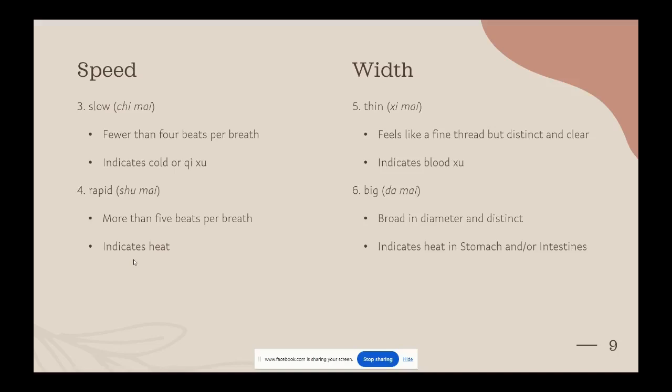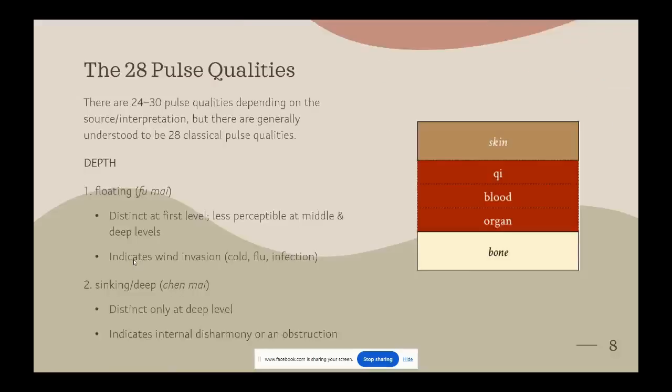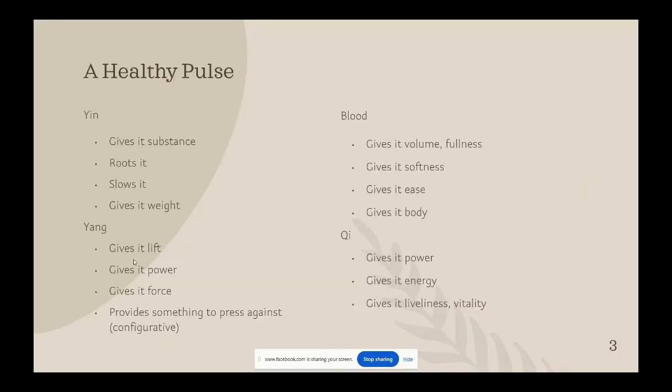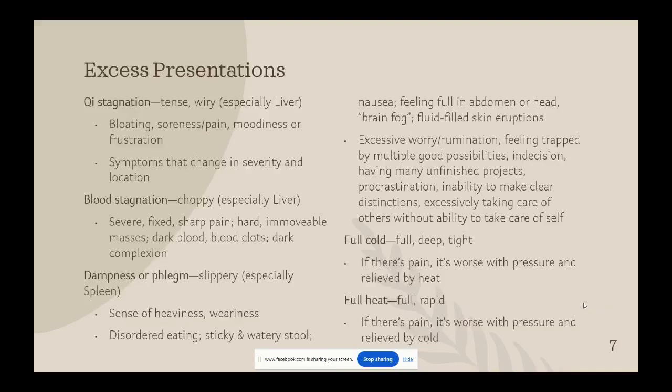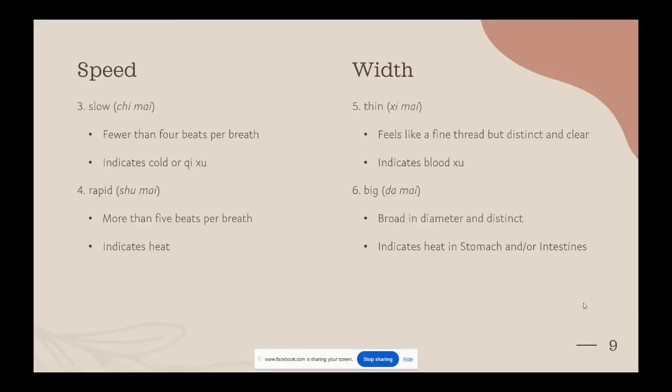A pulse that feels broad in diameter and distinct is called big, and this on its own indicates heat in the stomach and or the intestines. So this you might feel on the spleen pulse, the pulse that is associated with our digestive organs.